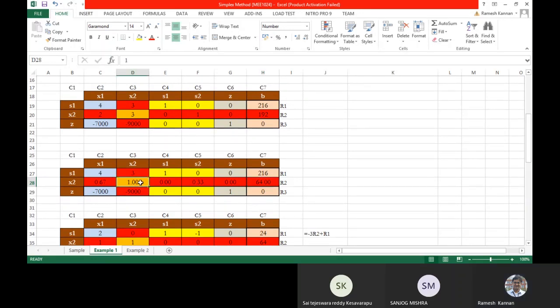The next step, I mean, minus 3 multiplied by R2 plus this row will become 0.